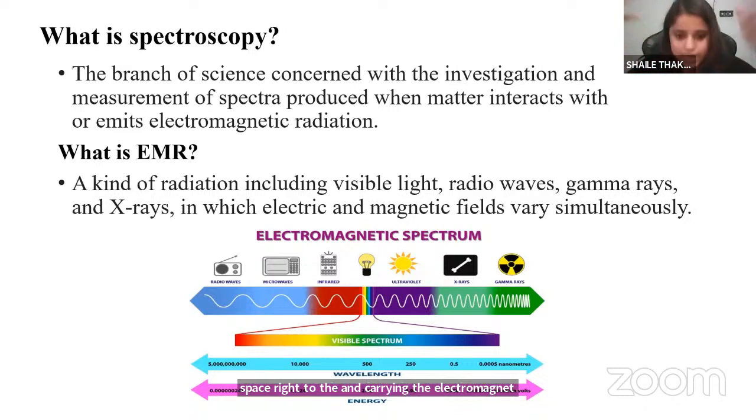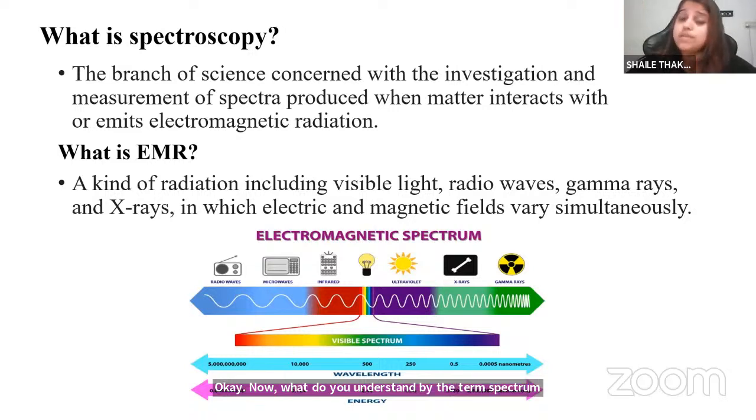So it includes your radio waves, UV, IR, visible, gamma, etc. Right? So all of these are part of your electromagnetic radiation.